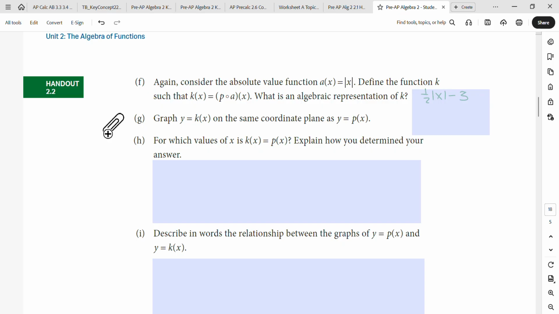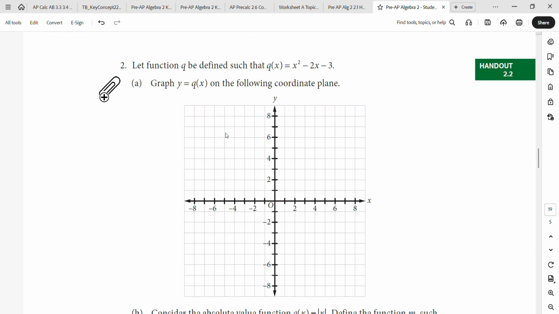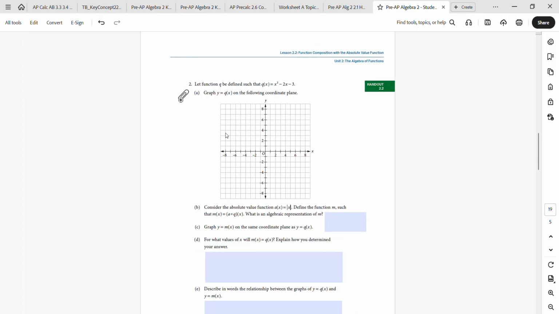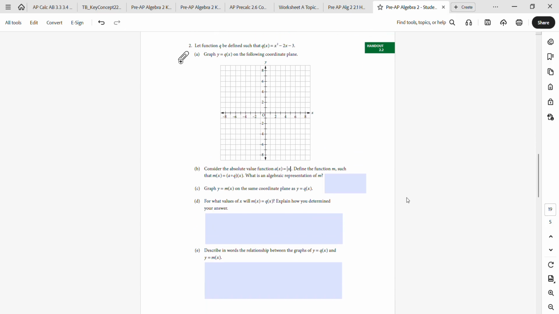Are there any other questions on number one? How about number two? Number two was the quadratic. This graph is similar to the one that we did in the set of notes, though it is a little bit different.